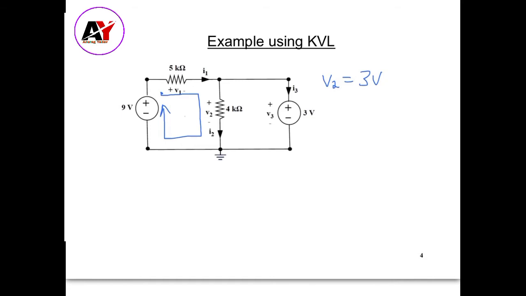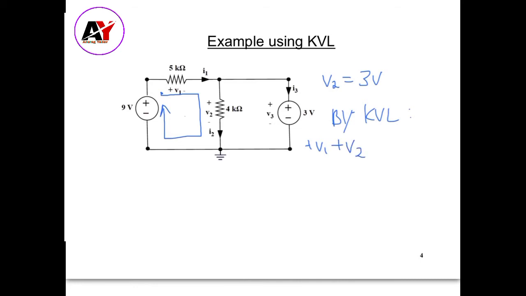So over here, traveling in this direction, we get to the plus sign of V1 first. So by Kirchhoff's voltage law, we get to V1, and that's positive. Then we keep traveling around the loop and get to V2, and we get to the plus sign first, so we add plus V2.